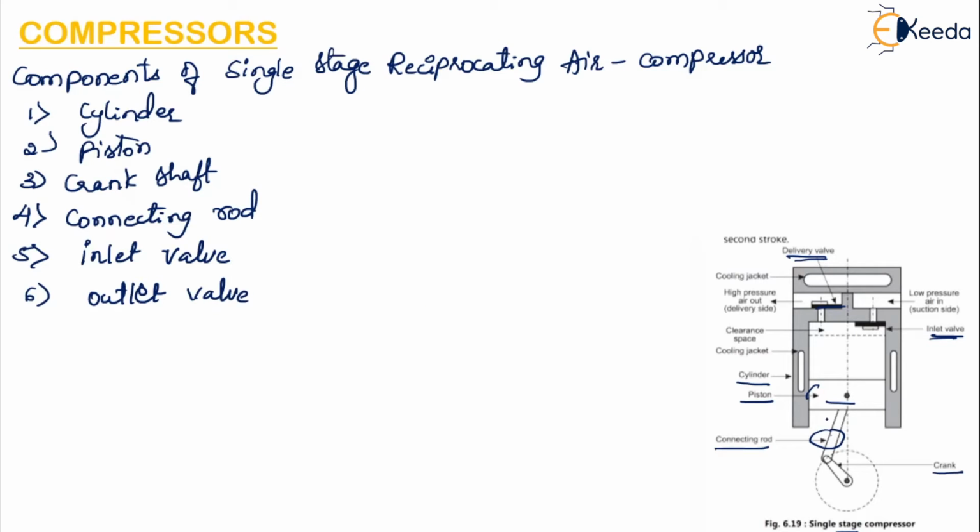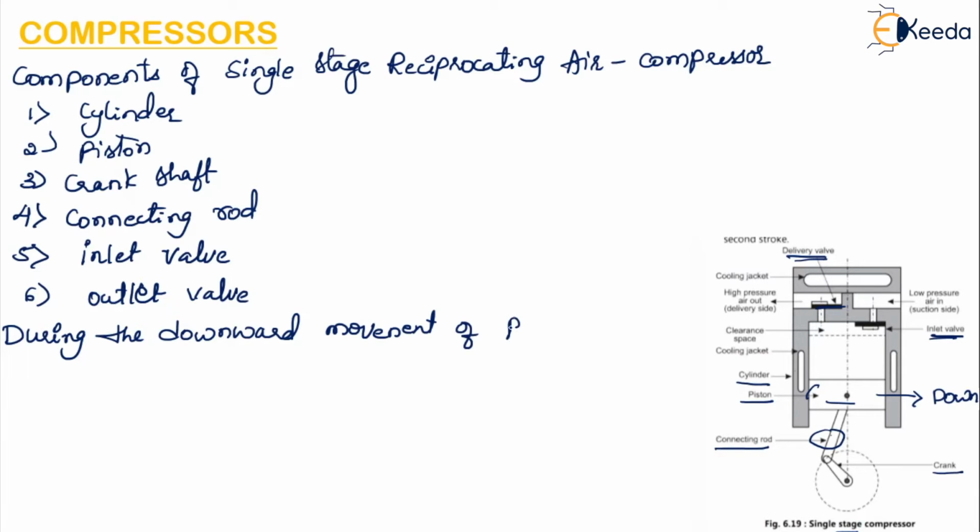During the downward motion of the piston, you can see the piston is in the downward position in the cylinder. During the downward movement of the piston, the pressure inside the cylinder falls below the atmospheric pressure.